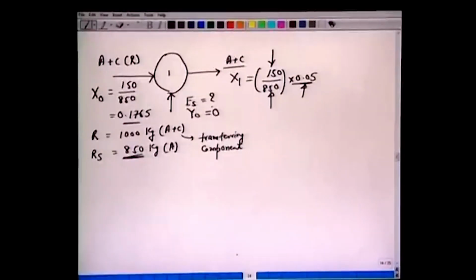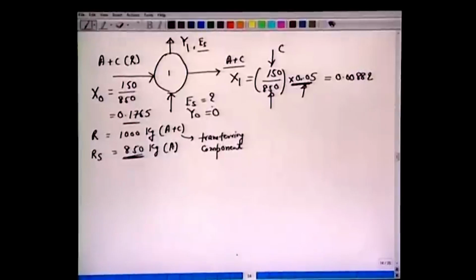So, we have removed 95%. That means 5% is left. So, we have 0.05, and this number is 0.00882.